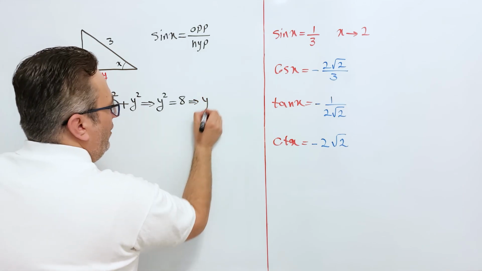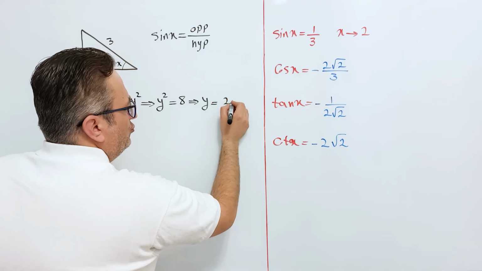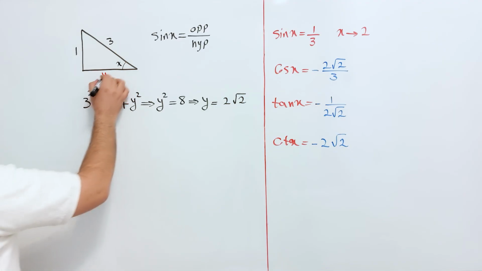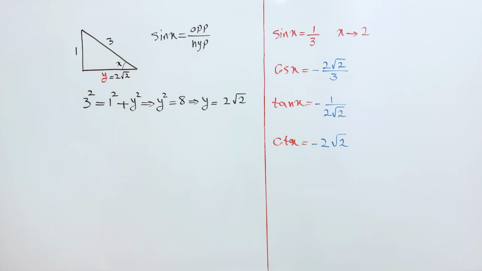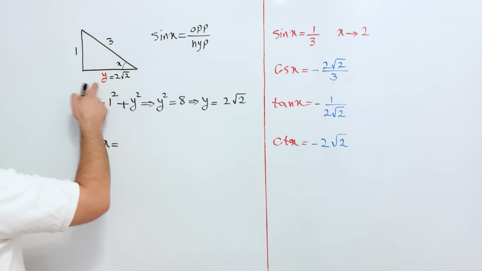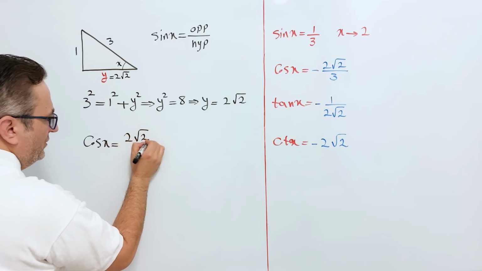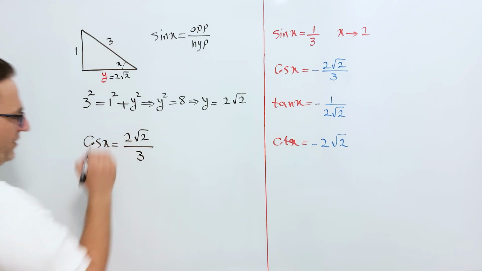So y is equal to 2 times the square root of 2. So according to the definition of cosine, cosine x is equal to the adjacent side, 2 times the square root of 2, divided by the hypotenuse, which is 3.